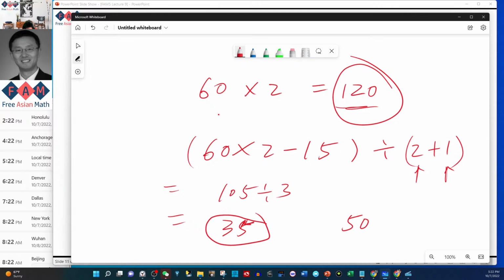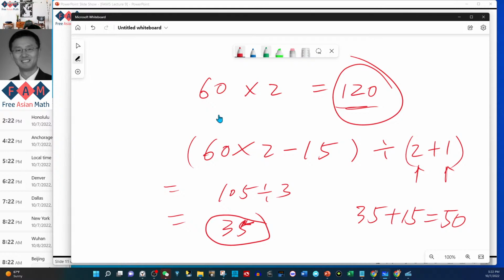So 2 times 35, 35 plus 15, that's 50. So A equals 35 plus 15, equal to 50. And so you can verify that if you put 1/2 of A, which is 25, into B, B will become 35.